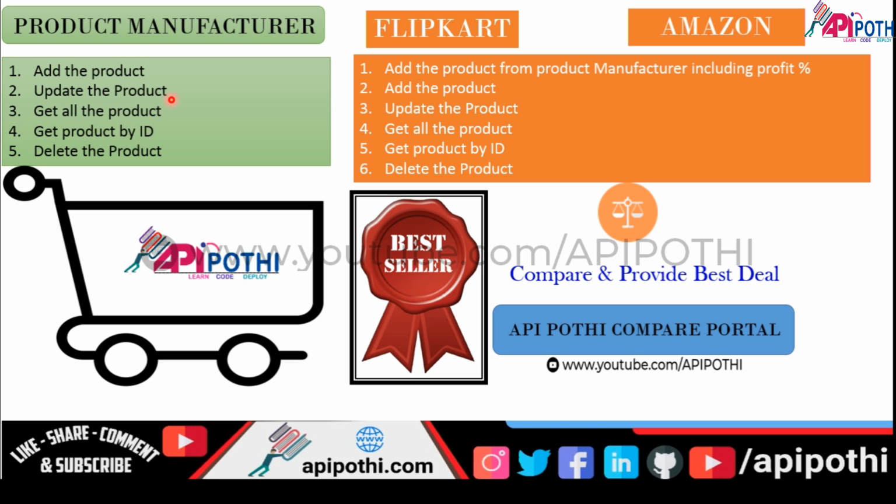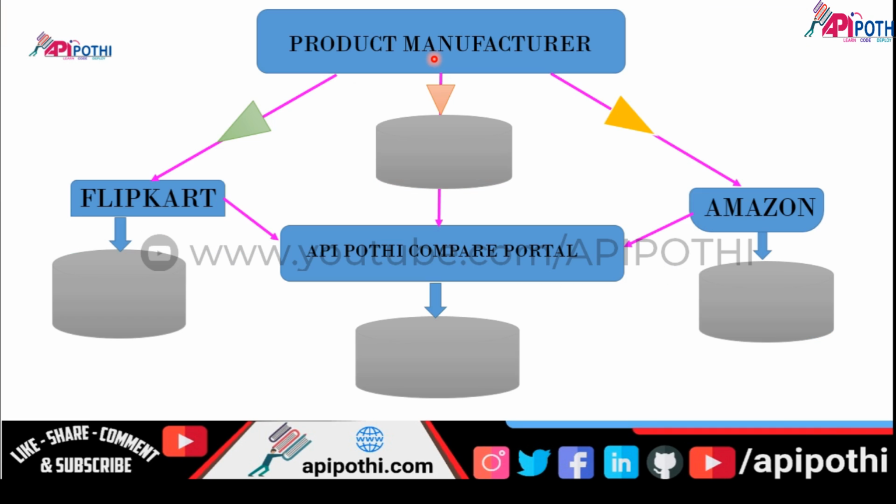Now the second business is for Flipkart and Amazon. Flipkart and Amazon have the same business logic, only the difference is the rate of profit. So what they are basically doing is that Flipkart and Amazon both are buying the product from wholesale. And what is the wholesale? Wholesale is our product manufacturer.